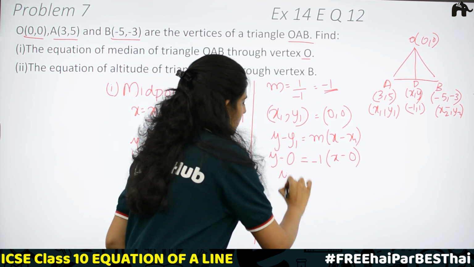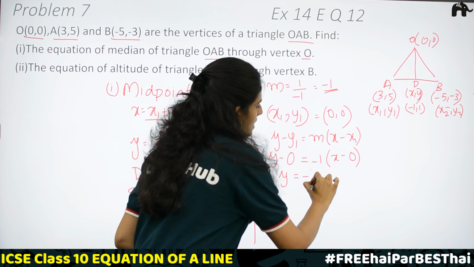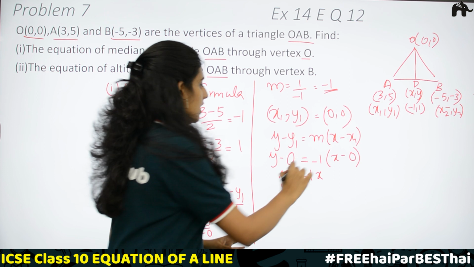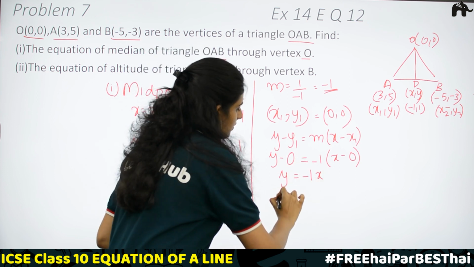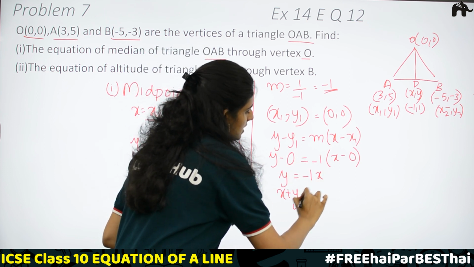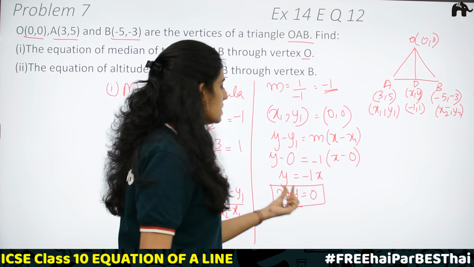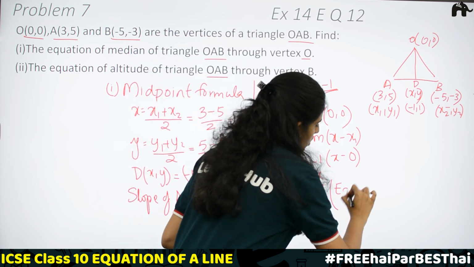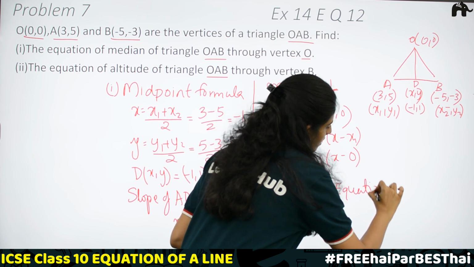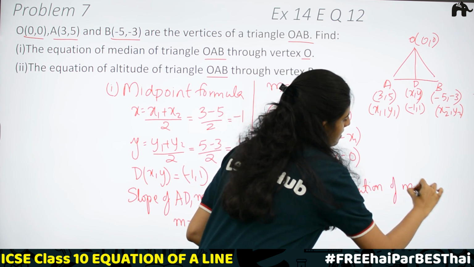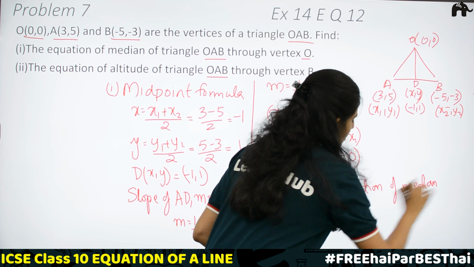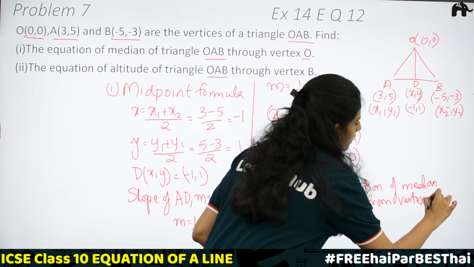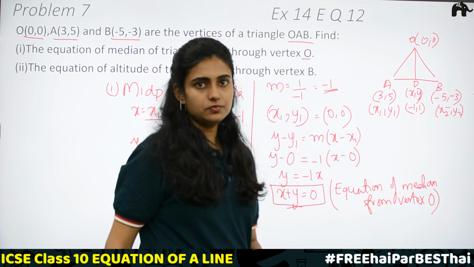That is y is equal to minus 1 into x. X minus 0 is x. Taking this minus x to the opposite side, we get x plus y is equal to 0. X plus y is equal to 0 is the equation of median from vertex O. Clear?